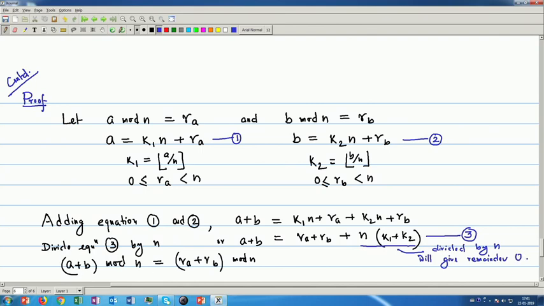Now, a plus b mod n equals r_a plus r_b mod n. Remember that r_a is a mod n, and r_b is b mod n.